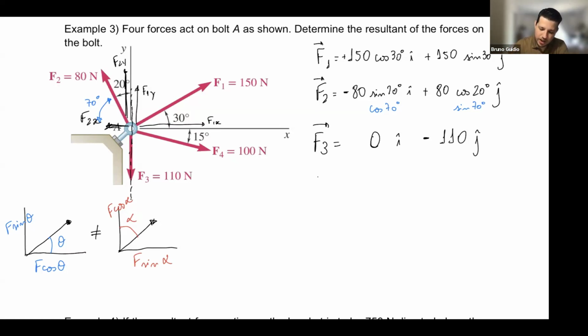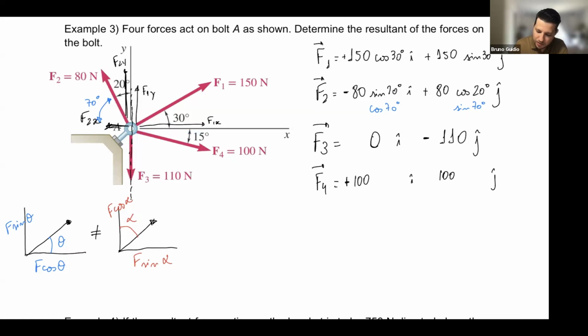What about the F4 vector? Once again, I have 100 i hat, 100 j hat. Positive or negative? X positive, y going down, negative.